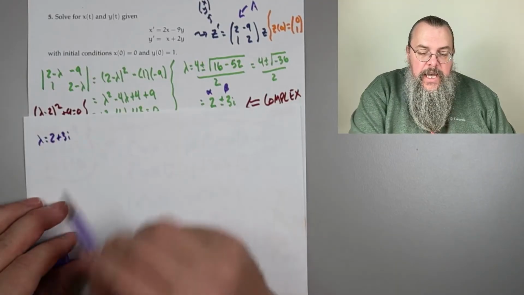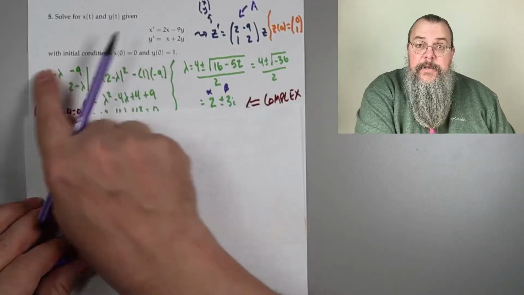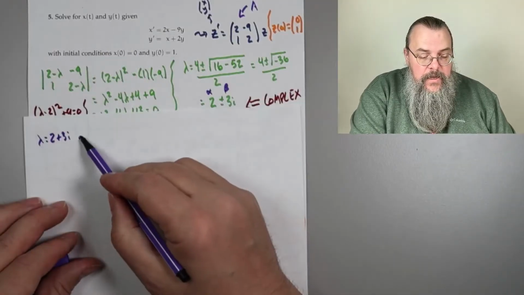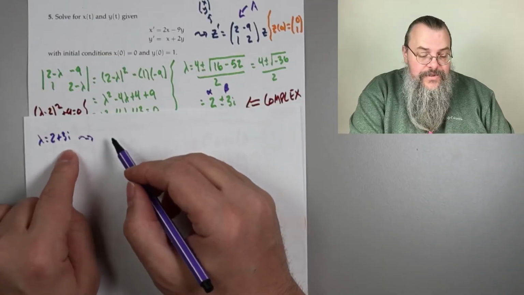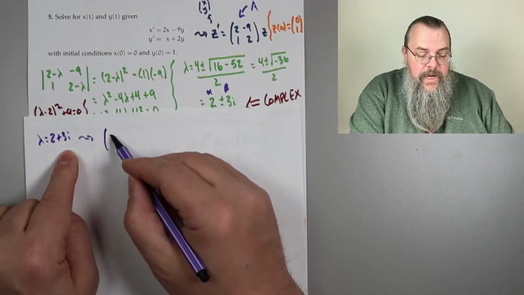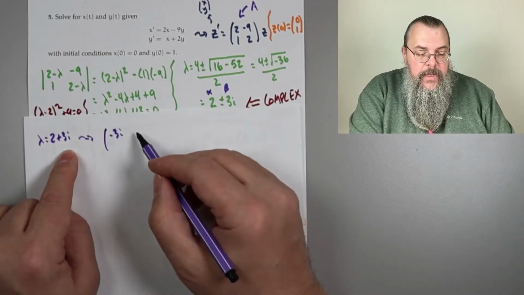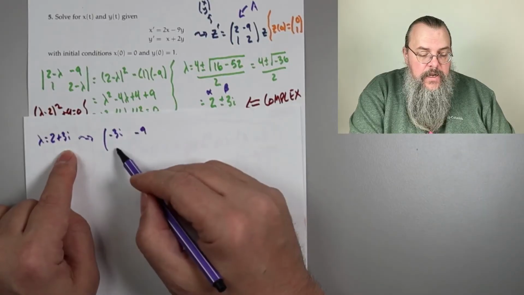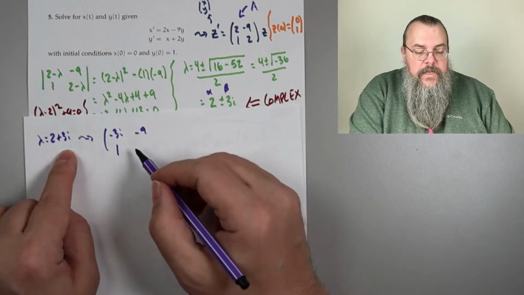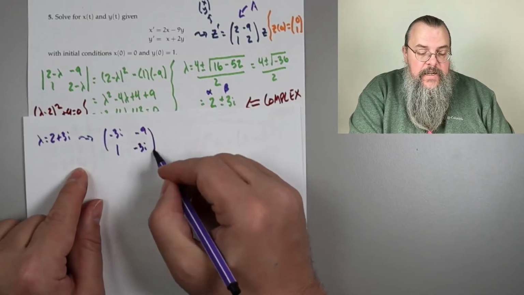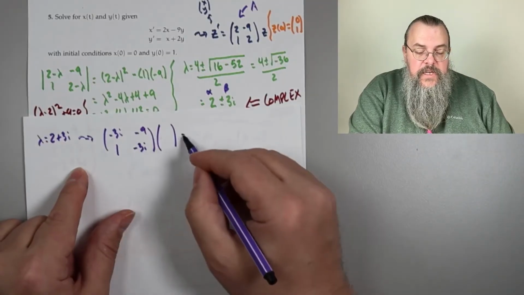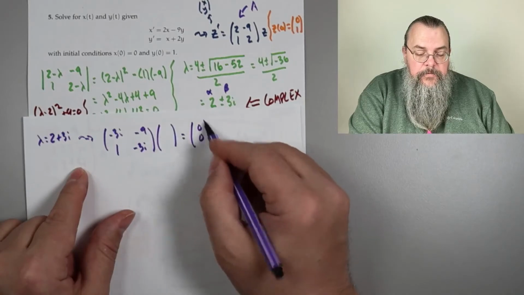So we're going to take A minus lambda I. And we say, okay, well, that would be 2 minus (2 plus 3i), which is minus 3i, minus 9, and then down here 1, and then 2 minus (2 plus 3i) is again minus 3i, times something equals (0, 0).